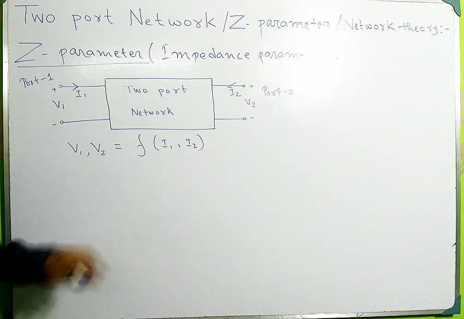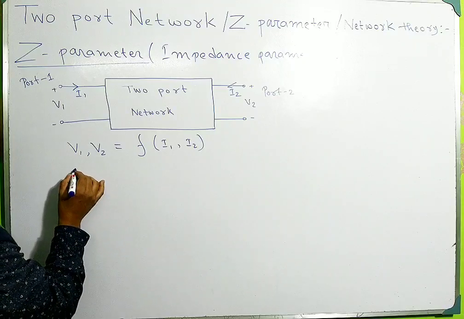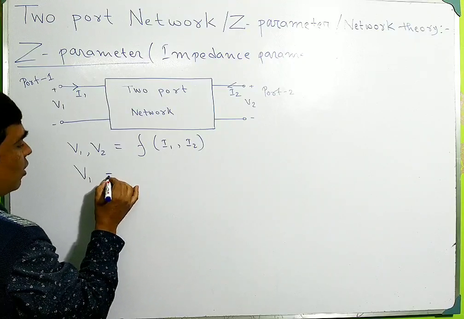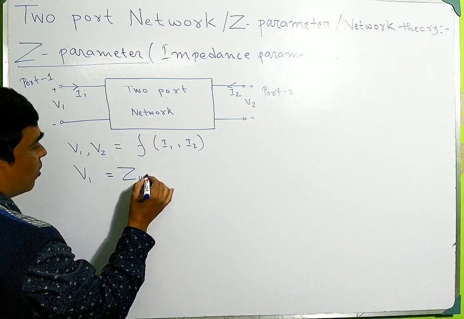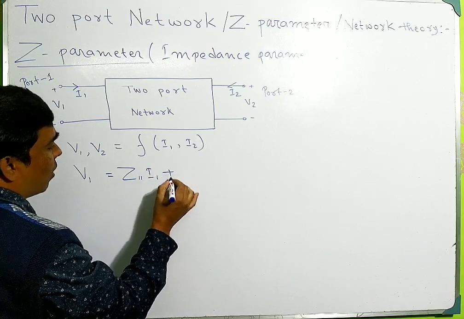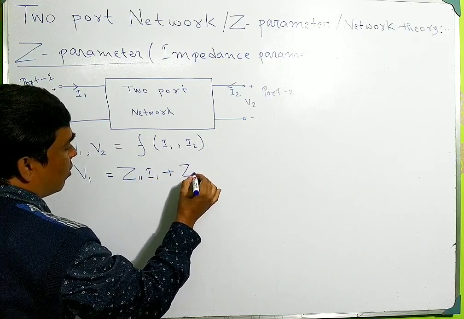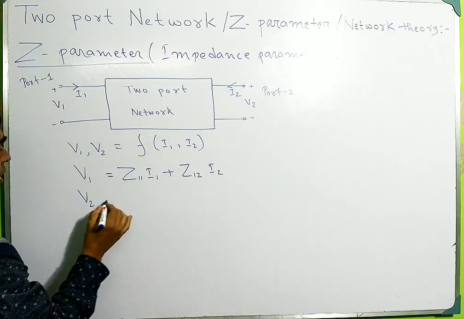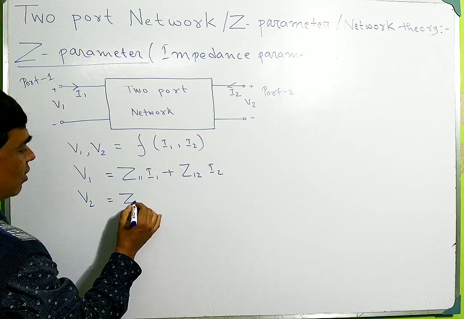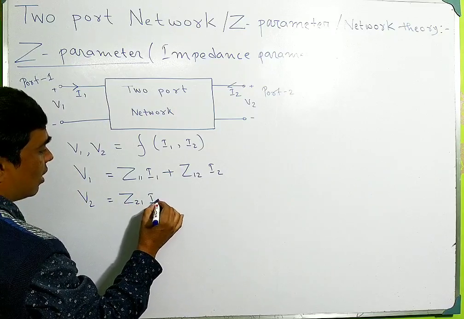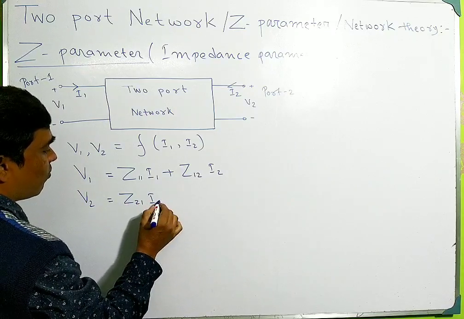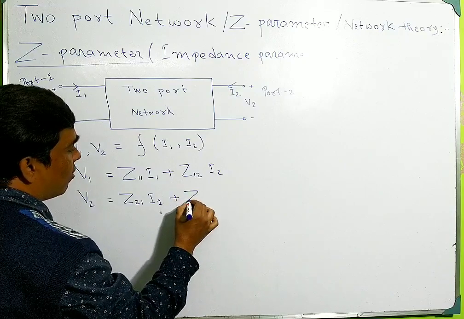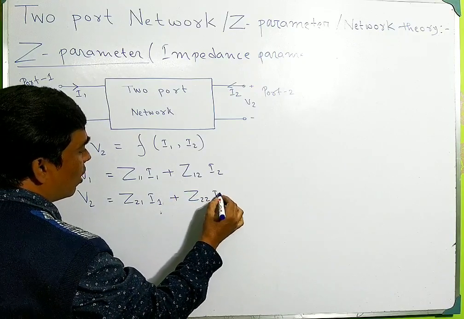So in this case we can write that V1 is equal to Z11 I1 plus Z12 I2, and V2 is given by Z21 I1 plus Z22 I2.